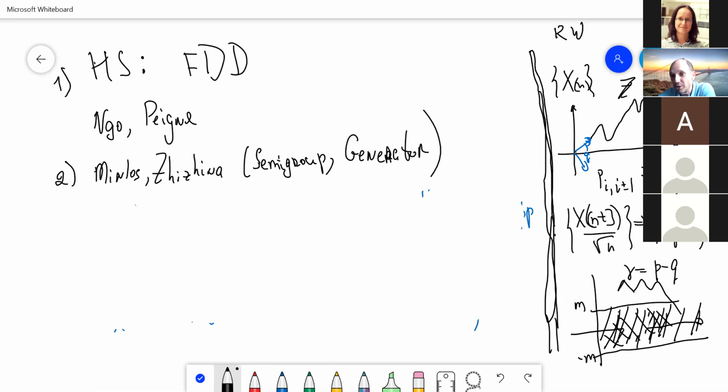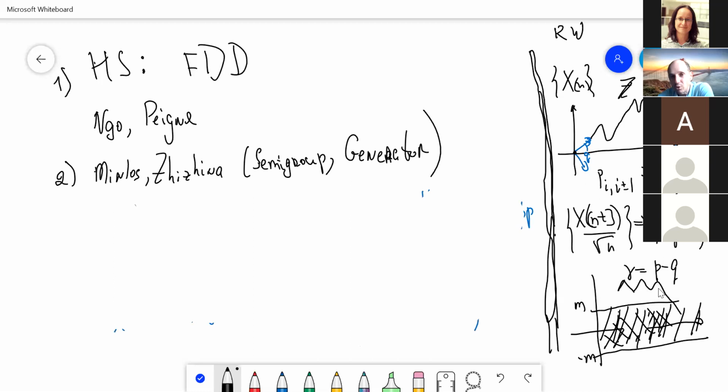The generator here is 1/2 times the second derivative, but the domain consists of twice continuously differentiable functions that satisfy some boundary condition, a conjugation condition at 0.